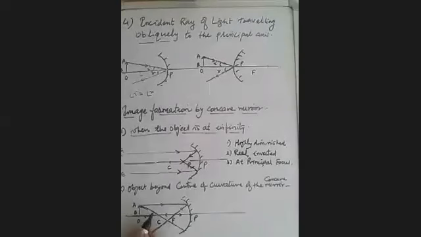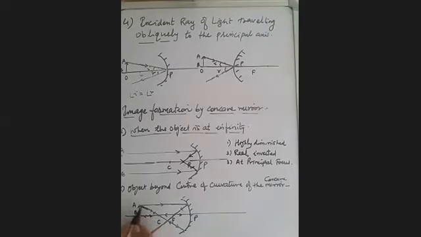We know a ray passing from the center of curvature is always along the normal to the surface of the mirror at that point, and will be reflected back along the same direction. We have already considered this case.